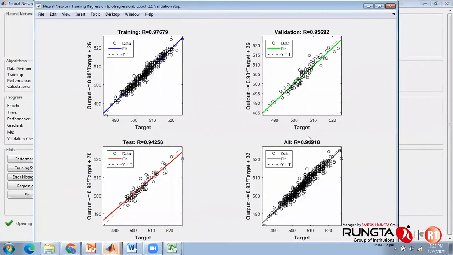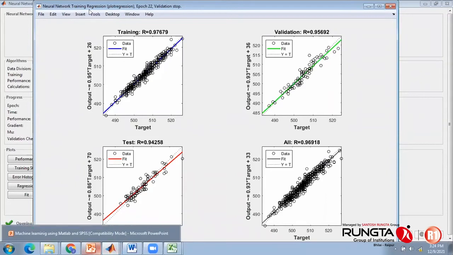So we are okay with R also. With this particular topology, the error is 4 point something RMSE, and then R is 0.96. But then the question is, is this the final result? Can I stop training the neural network over here? Is this the final result?